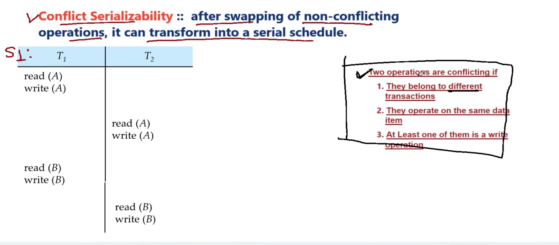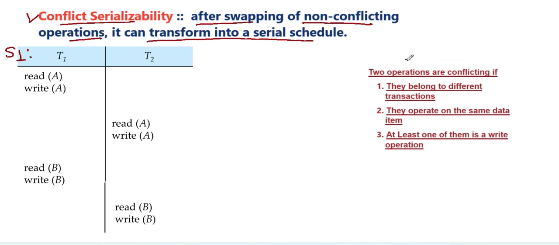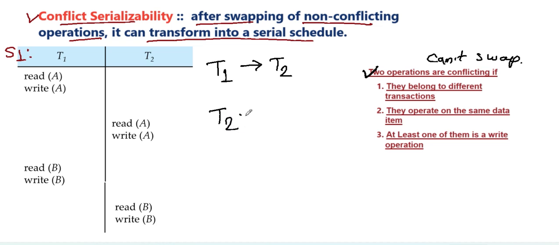Conflicting instructions we cannot swap, so we have to identify non-conflicting instructions, then we can swap. Why do we need to swap? Because we have to convert this into a serial schedule. Serial means either all the instructions of T1 then T2, or all the instructions of T2 and then T1.